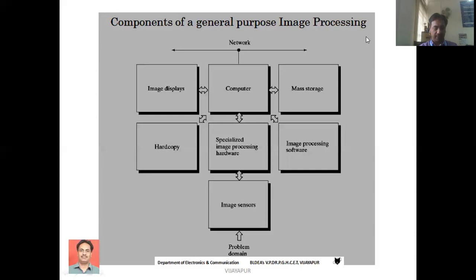Then after that, there exists a storage device. Here it is depicted as the mass storage. The mass storage, as the name itself indicates, is used to store the images. To store the images, we require large storage space, because usually these images occupy more memory space.